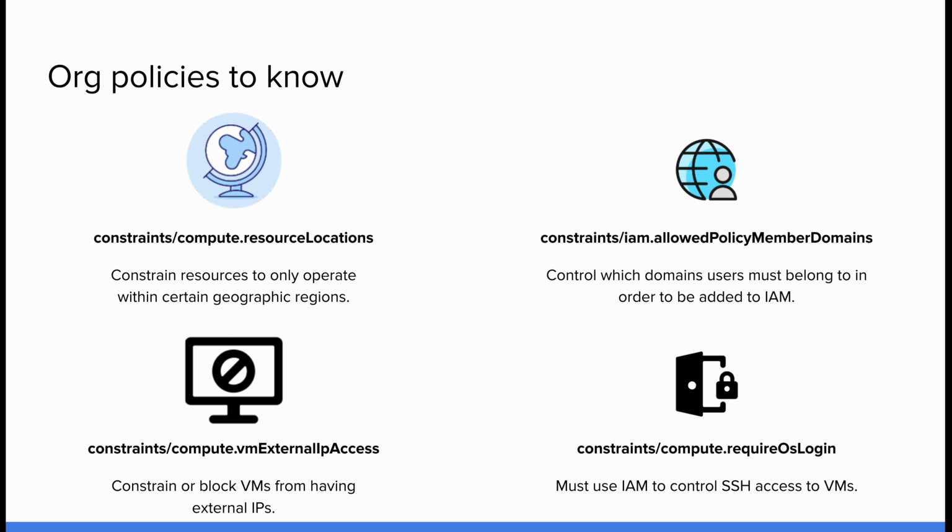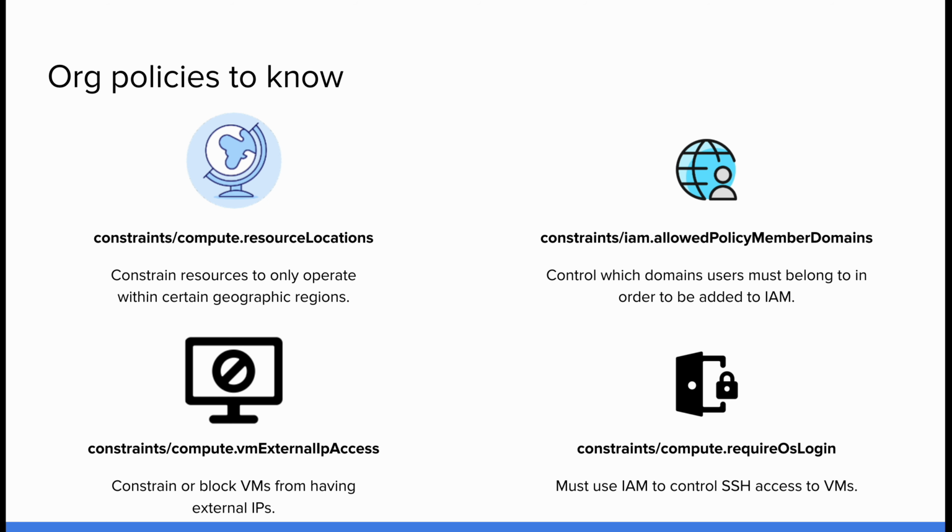That won't necessarily be as prevalent on this exam because it has to do with access to Compute Engine VMs, which is not as much of a data engineering thing, but it is one of the most widely used organization policies. Collectively, these policies help to ensure that your resources are secure, that they're compliant, that they meet standards. So they're really helpful in any kind of governance strategy.